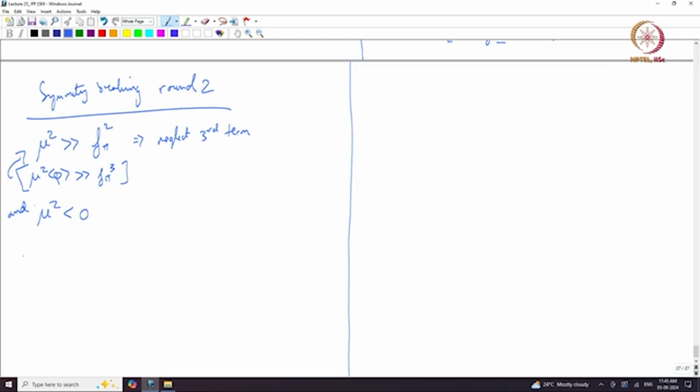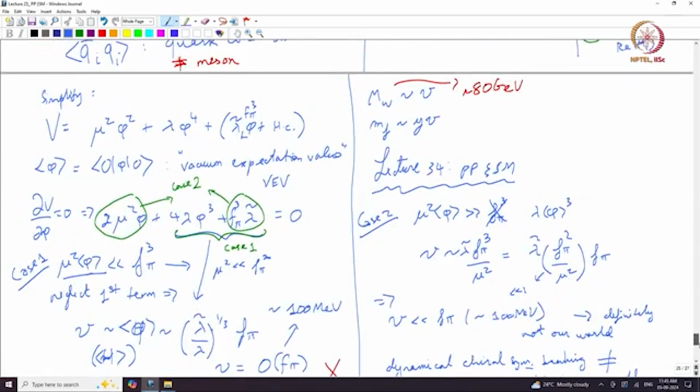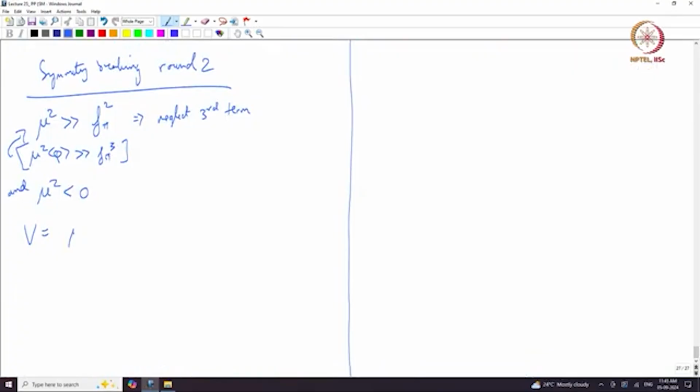Then the potential, right, it is worth writing down the actual potential now without the f pi term. I can write it this way, correct, but that is nothing but mu square h dagger h plus lambda h dagger h to the 4th, right.